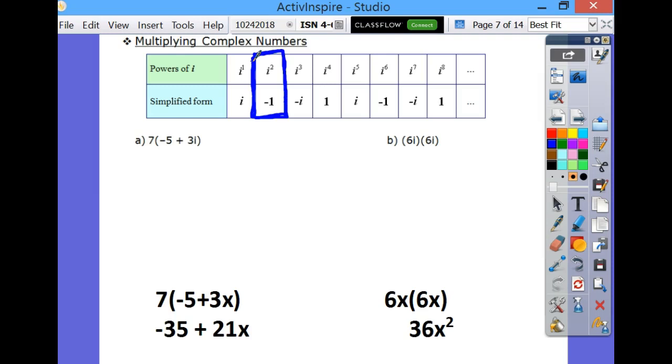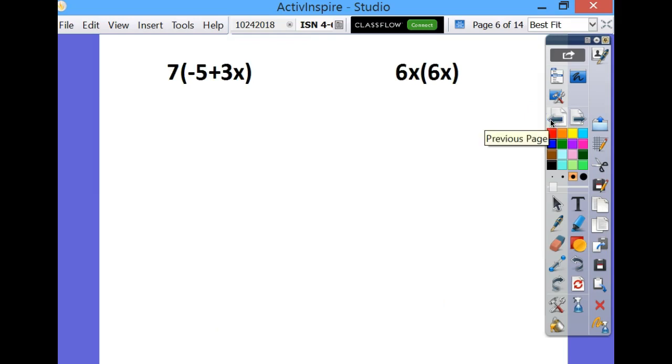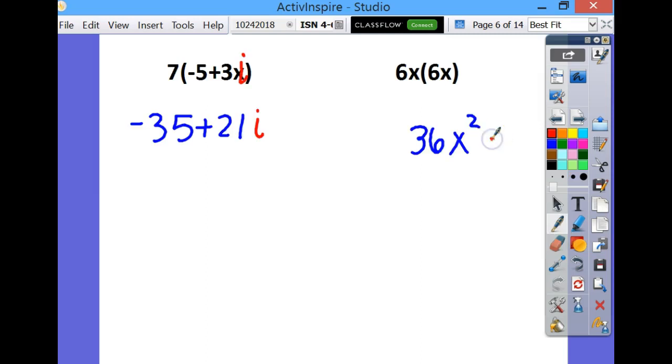Okay, would you please go to the back page of your notes and solve out these two problems right here. Once again, on the back page of your notes. What's the difference between this problem and problem B? Instead of an x, problem B has an i. Other than that, it's the same problem. But we are never, never, never going to leave i squared in a problem.